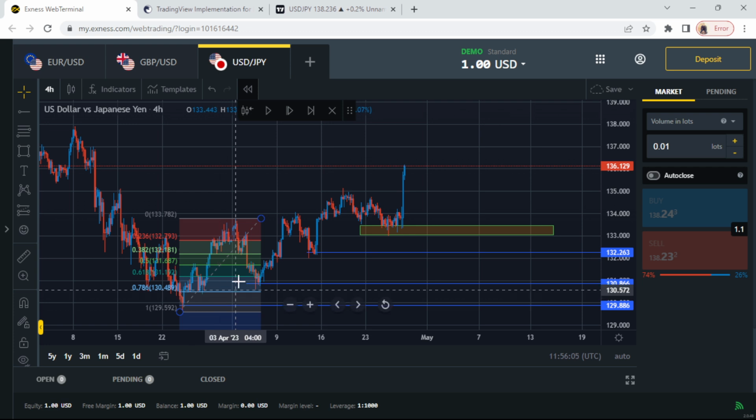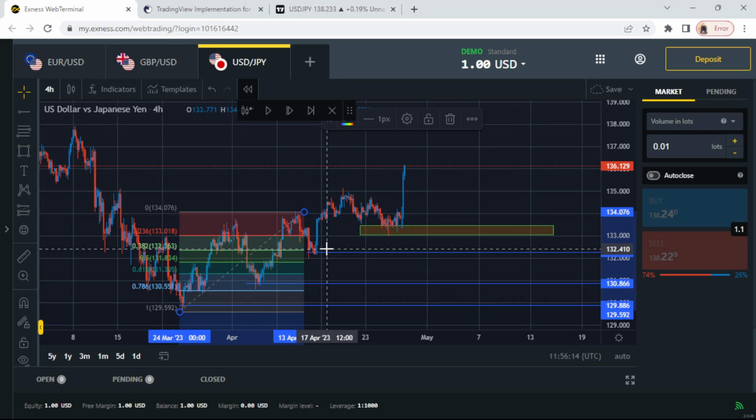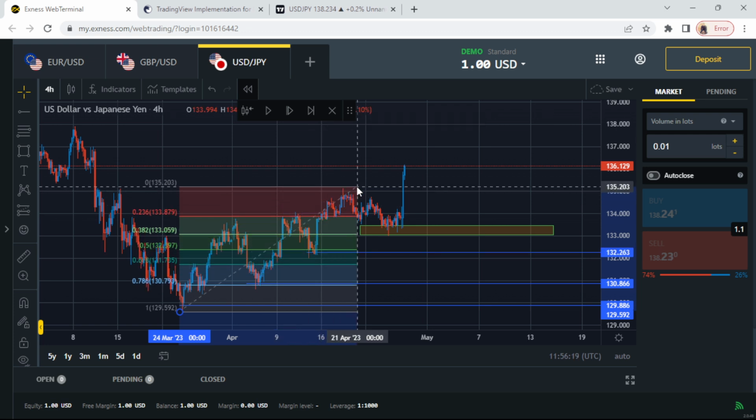Even if you drag this up to here, where did the price bounce off? Between 38.2 and 50%. And in this scenario, the price bounced off at level 38.2.